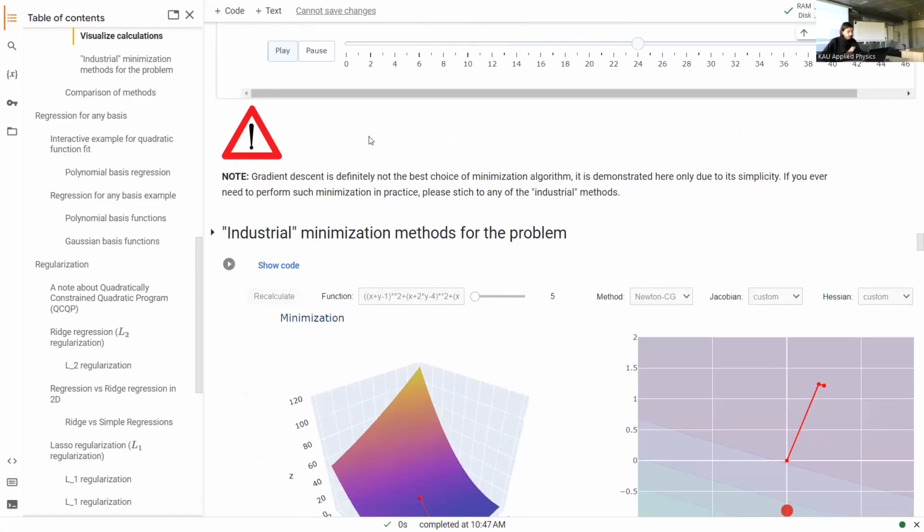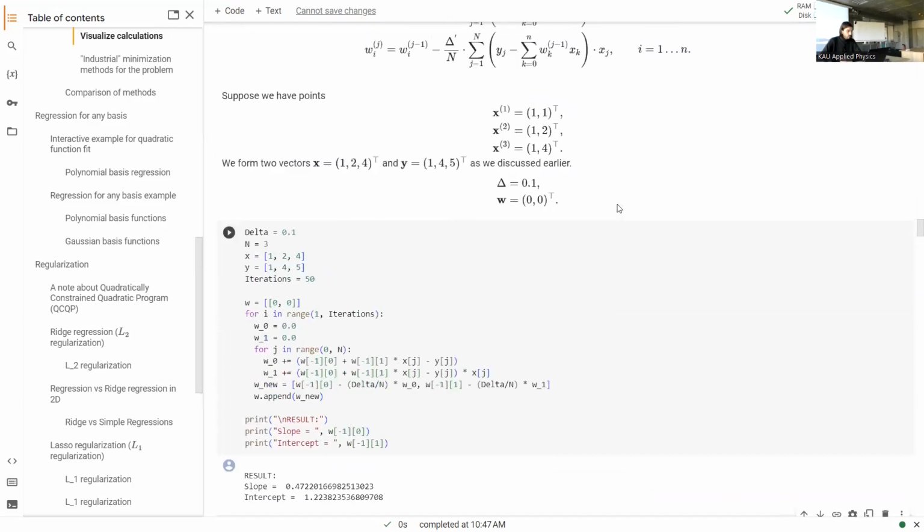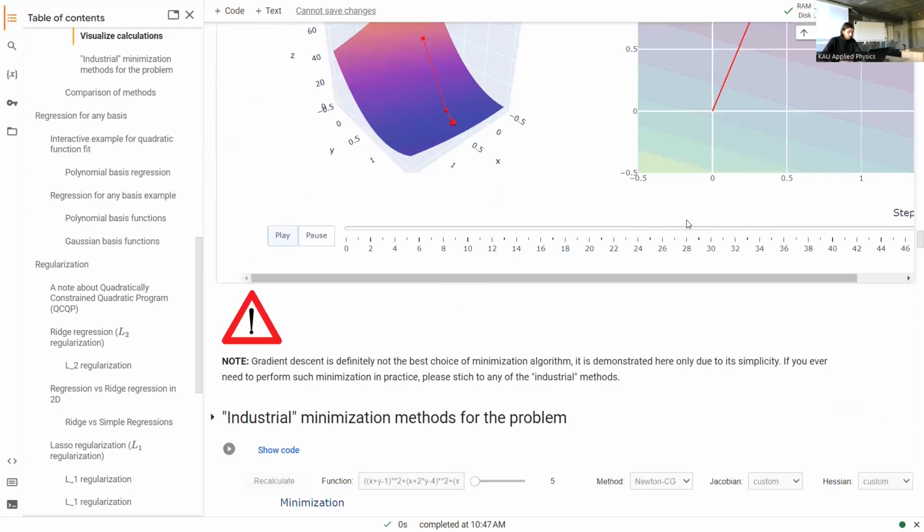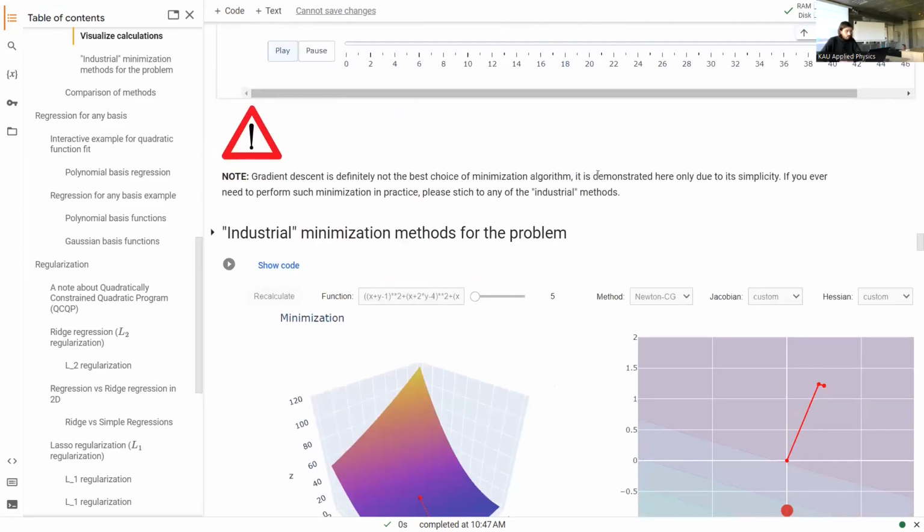Gradient descent is definitely not the best choice of minimization algorithm, and you probably saw why in the lecture on optimization. So here I use it just for the purpose of demonstration. It's just a very simple method, so you can get through this formula and understand how it works, if you want to get a little bit deeper.